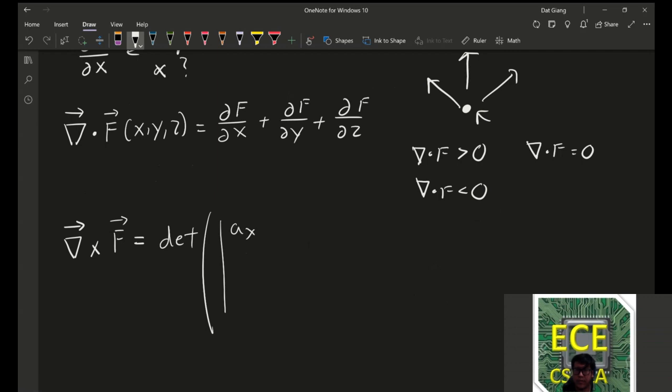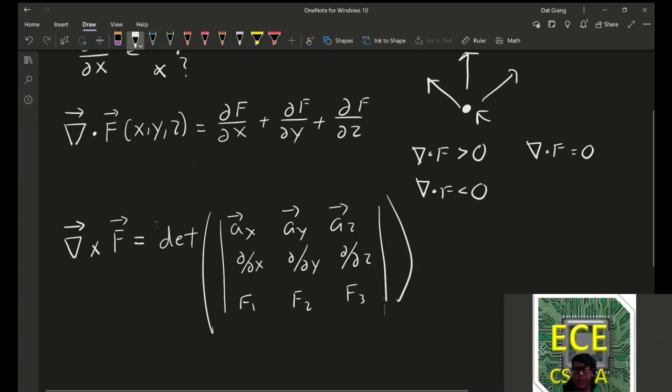So in the direction of x, in the direction of y, and in the direction of z, we have our partial with respect to x, our partial with respect to y, our partial with respect to z. Then we have f1, which is our first coordinate, f2, and f3, just to keep it more general.